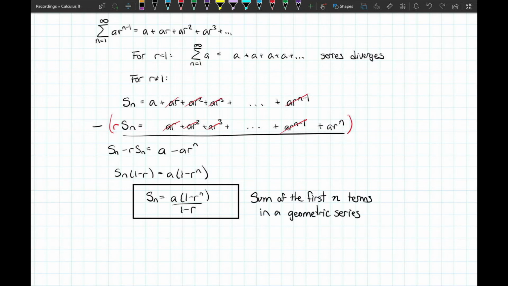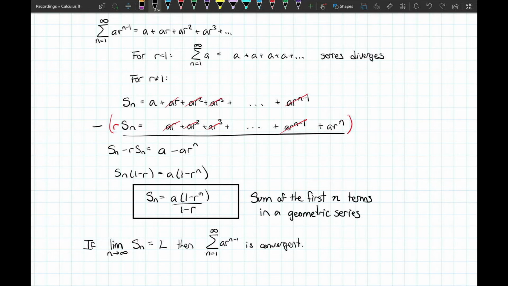Now what we're even more interested in here is knowing what makes a geometric series convergent. For that to happen, we need to have this limit of the partial sums exist. It needs to equal some value. And there's only one place where we see n. It's in the power. So r to the n is the only thing we really have to think about as to when this limit might exist.